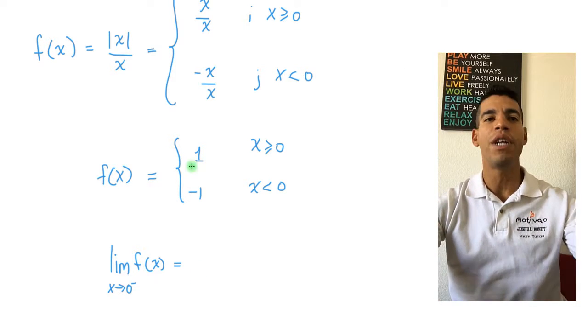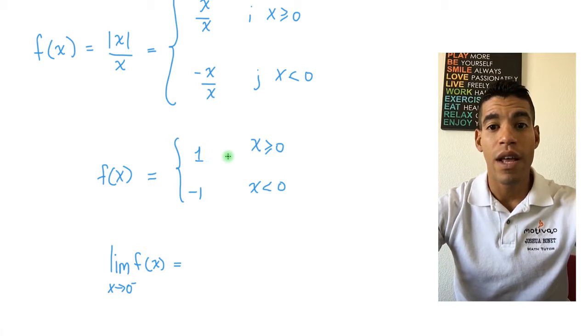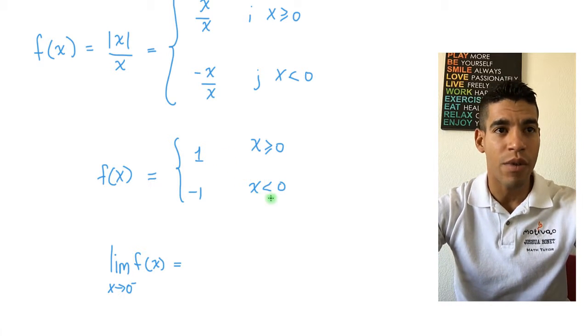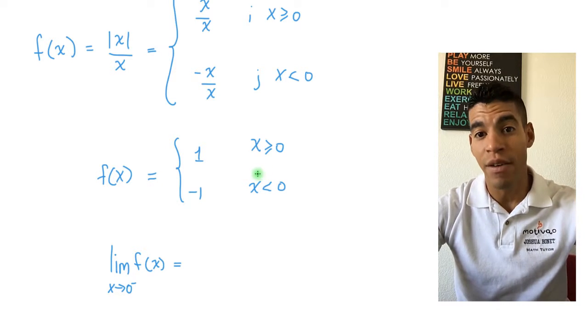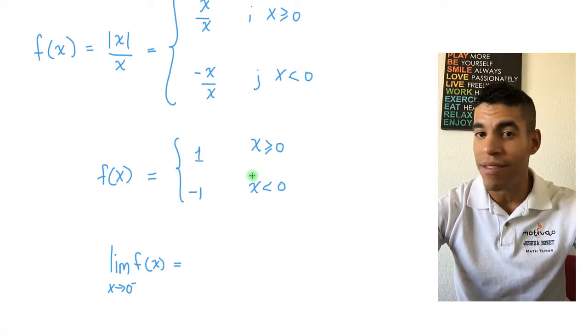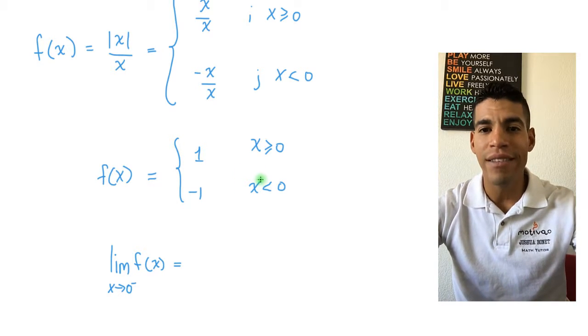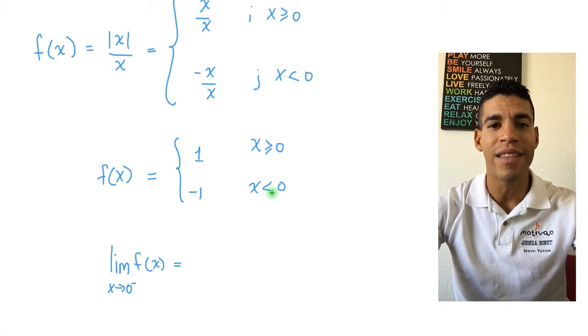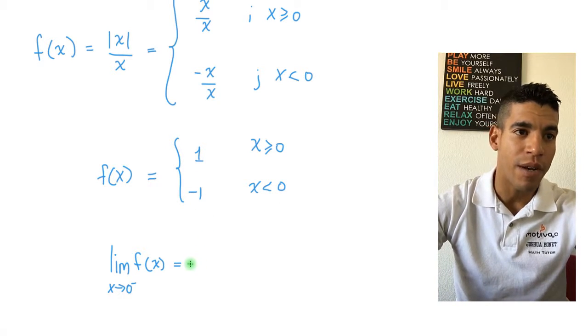So which of the two inequalities will represent that? Well, x less than 0, right? This one. Remember, it's not at 0. That's why we use the arrow, because it's not equality. It's approaching 0. So x less than 0 is going to represent x approaching 0 from the left. So it's going to be negative 1.